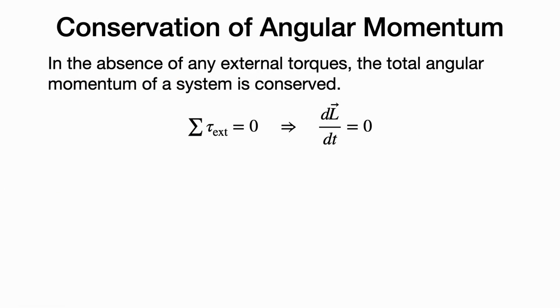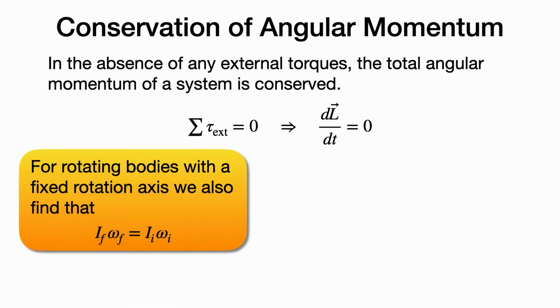Now, in the absence of any external torques, the total angular momentum of a system is conserved. That is, given no net torques, the time rate of change of the angular momentum vanishes. For rotating bodies with a fixed rotation axis, this simplifies to the notion that the final moment of inertia times the final angular velocity is equal to the initial moment of inertia times the initial angular velocity.